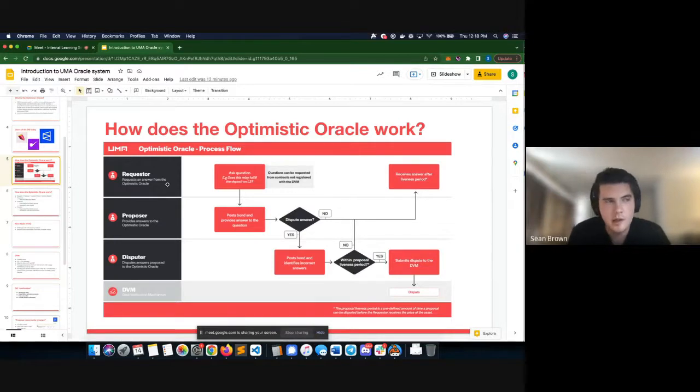So an example would be, I'm requesting the ETH USD price at 12 p.m. today, but I also pass in parameters related to, say, the exchanges that should be used, the markets that should be looked at, and maybe the TWAP length that you should calculate this ETH USD price with.